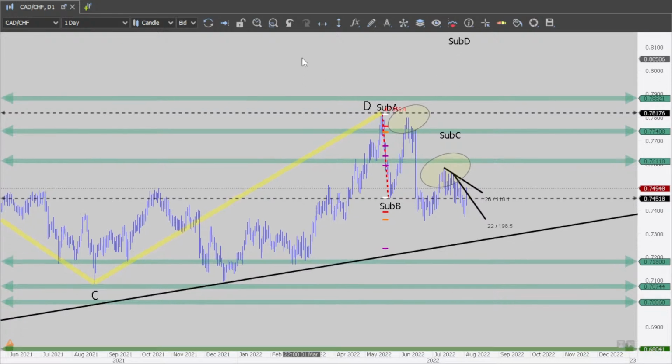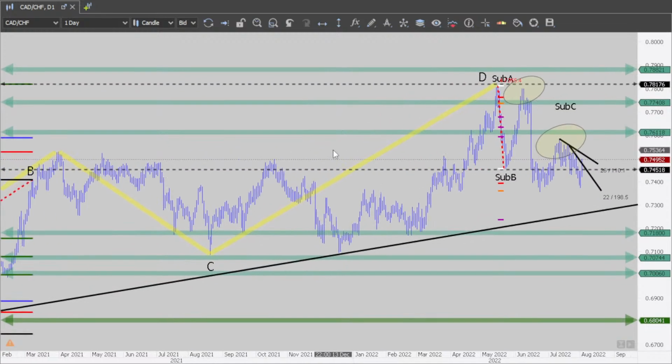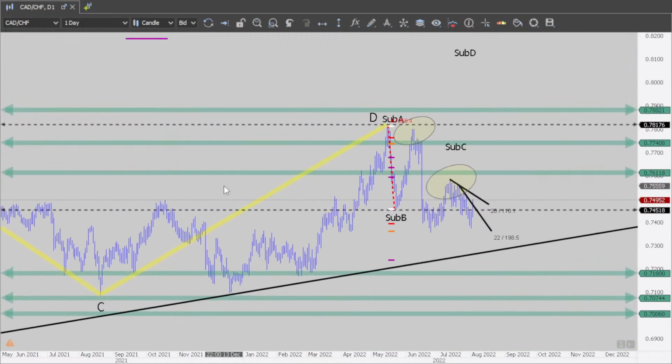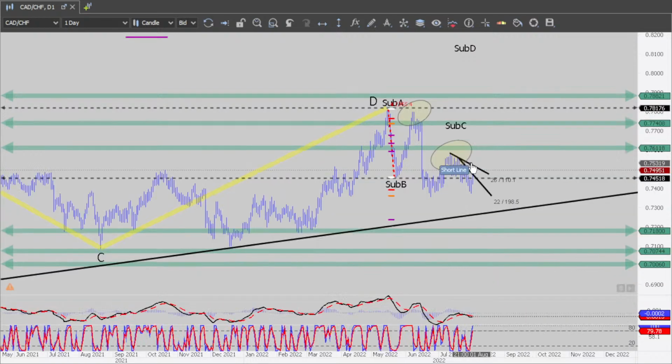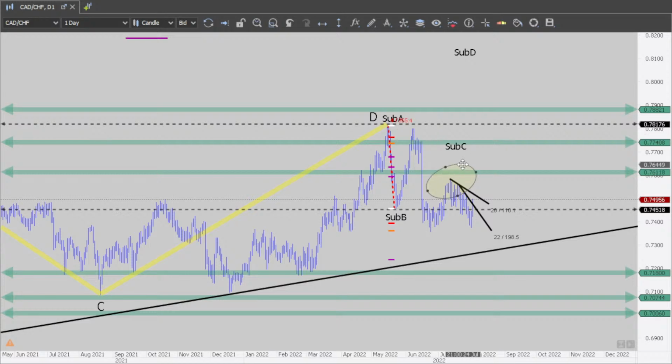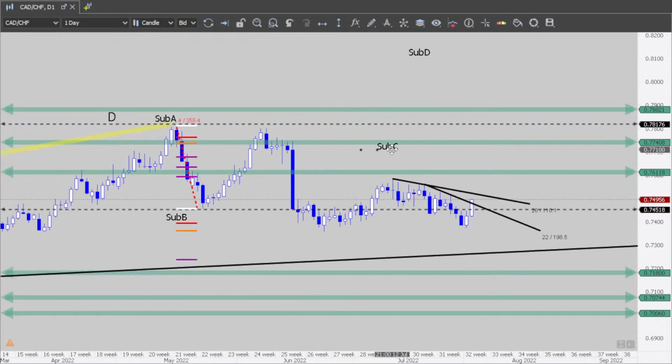Fibonacci probabilities. Are we entering a 50-50% probability trade, or are we trading an 80 to 85 probability trade? First, excellent, very good. So this is our sub C up in here, and our sub D is the first circle, everybody, or is the second? Which one is our sub D?